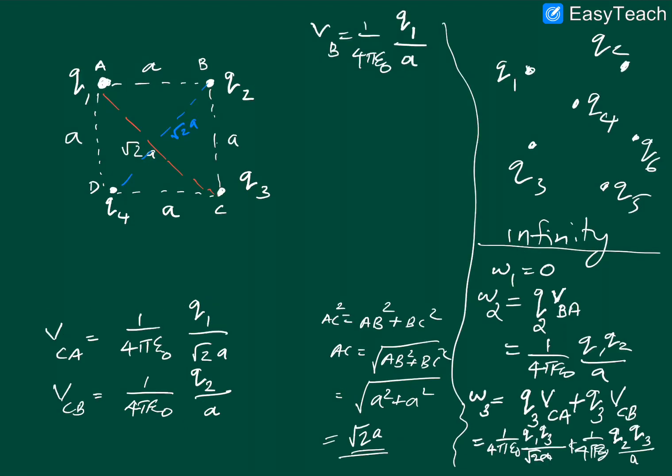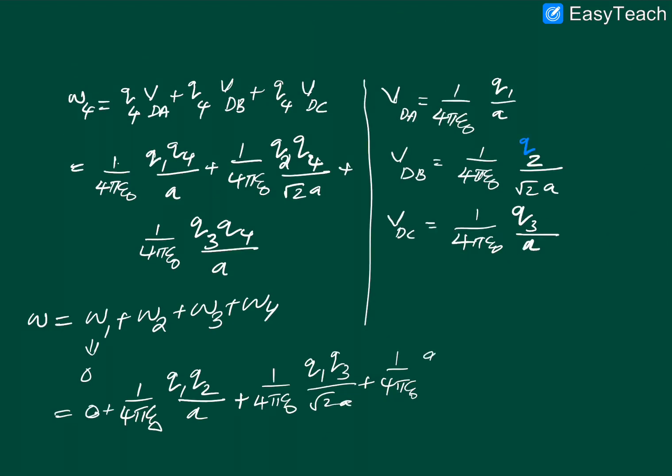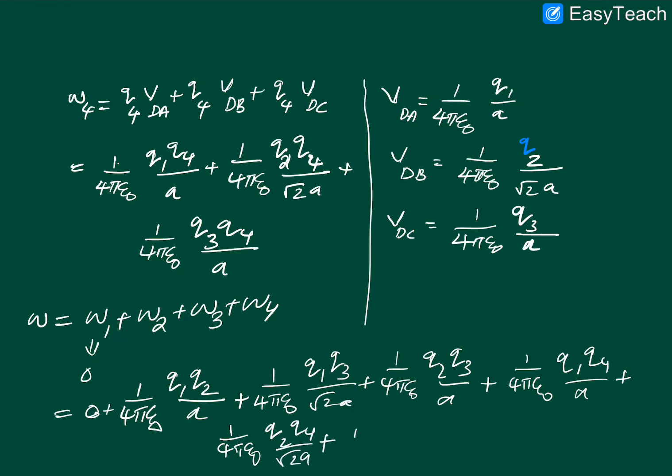Plus 1 by 4 pi epsilon 0 Q2 Q3 by A, plus W4. What is W4? It is given here: 1 by 4 pi epsilon 0 Q1 Q4 by A plus 1 by 4 pi epsilon 0 Q2 Q4 by root 2A plus 1 by 4 pi epsilon 0 Q3 Q4 by A. So this is the net amount of work done.